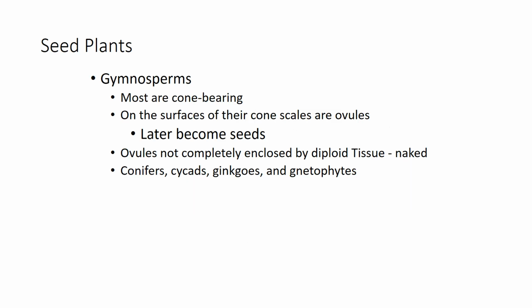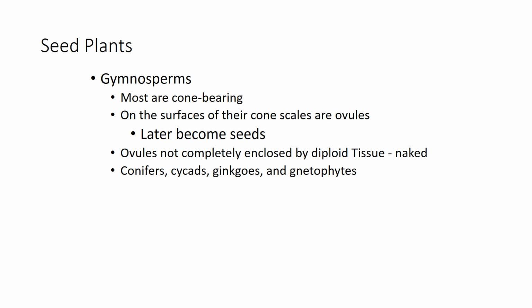Now, most gymnosperms have cones, and on the surfaces of those cone scales you have ovules, which are going to become seeds later. Now, ovules are not completely enclosed by diploid tissue. The gymnosperms that we know a lot about are conifers, cycads, ginkgos, and gnetophytes.